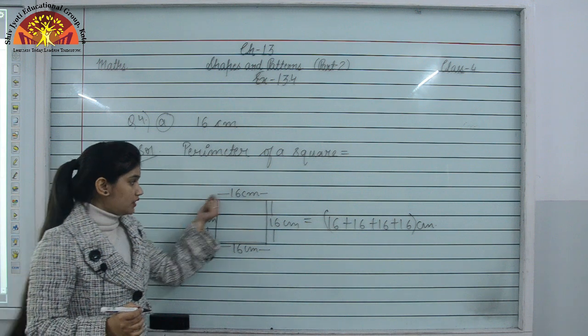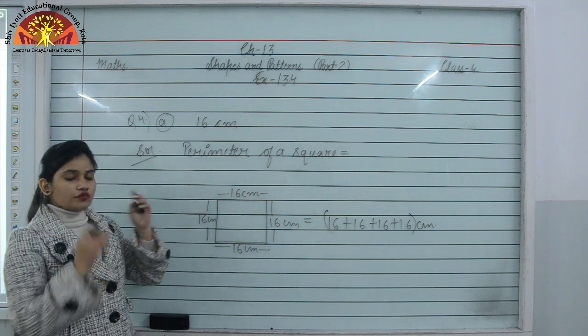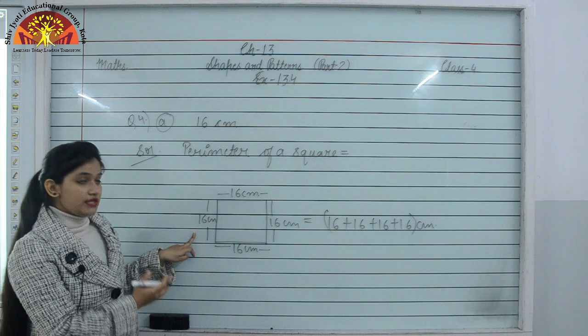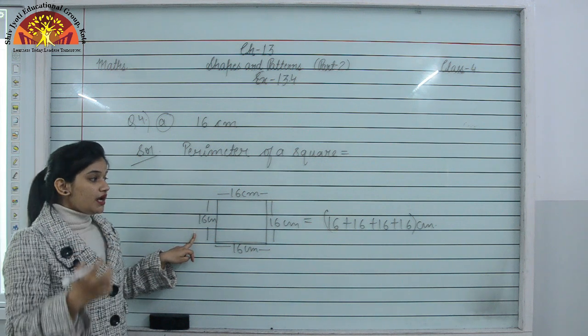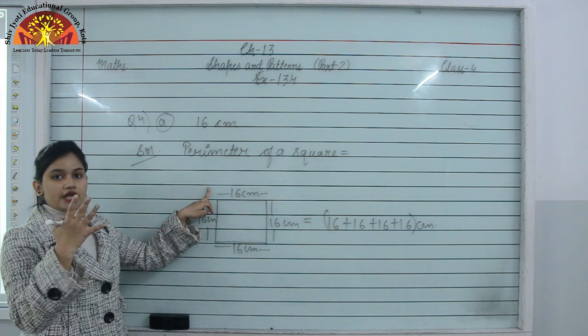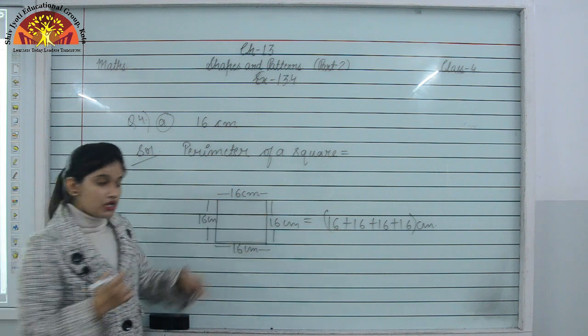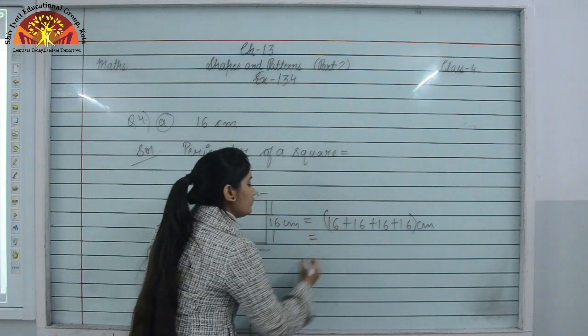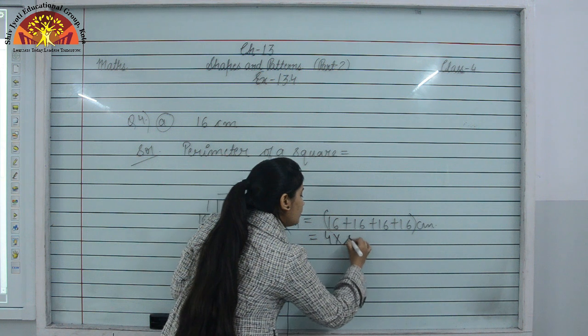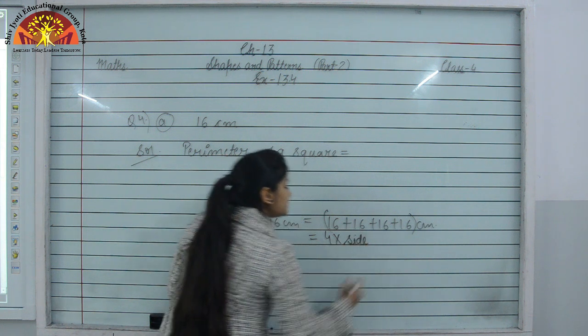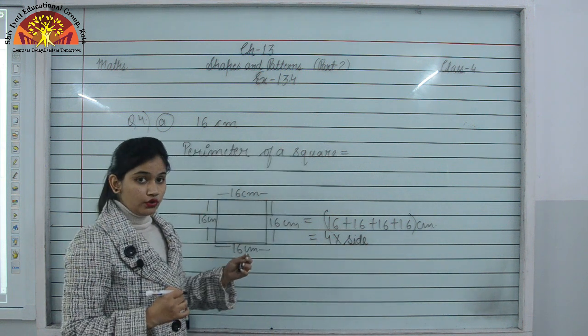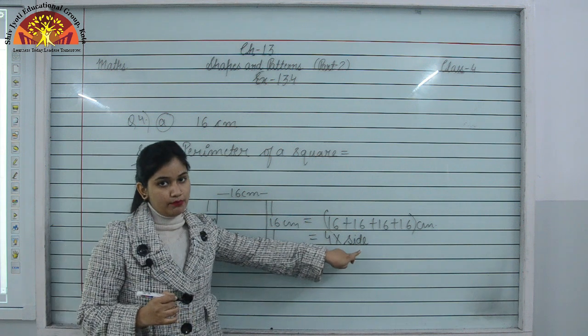What we are doing is the sum of all sides. So what we are observing here is that when we find the perimeter of a square, we are adding a side 4 times. So what we can do here, students, is 4 multiplied by side. The formula is 4 multiplied by side.